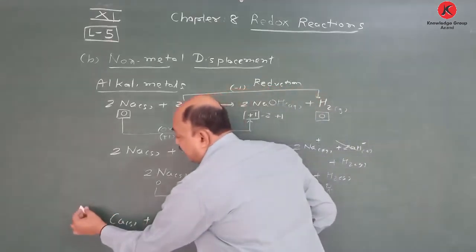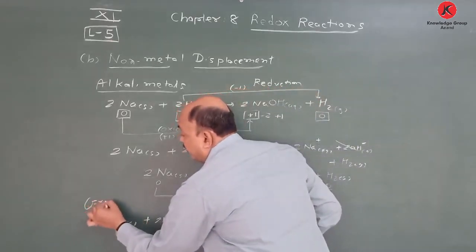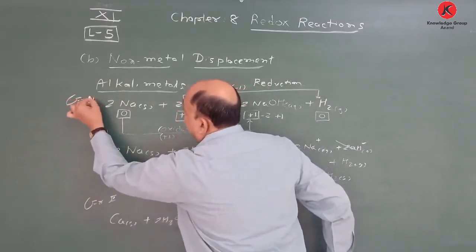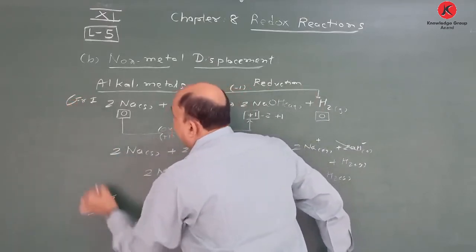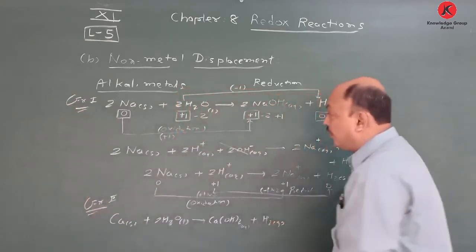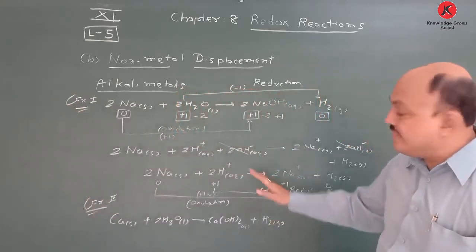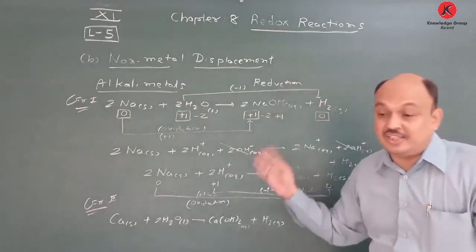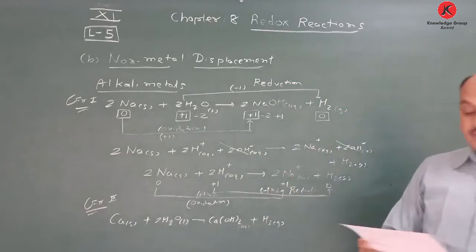This is for an alkaline earth metal, group 2. In the periodic table, the alkali metal is considered as group 1. So this is in your homework. Find out how we can say that it is a non-metal displacement reaction. Just try yourself.